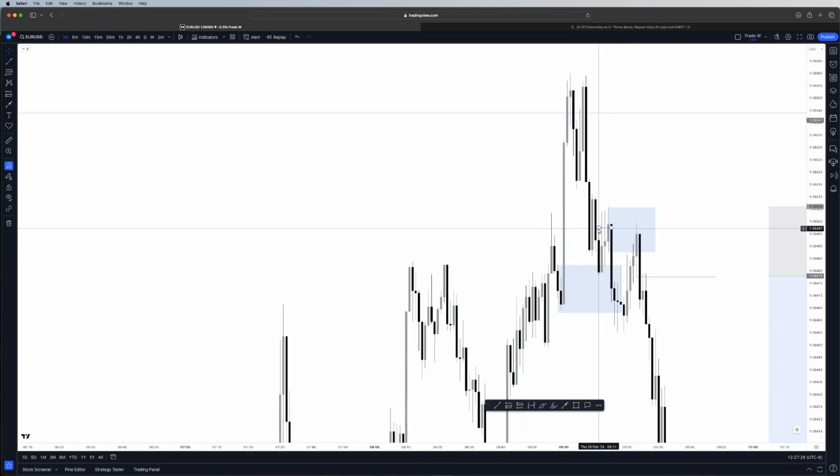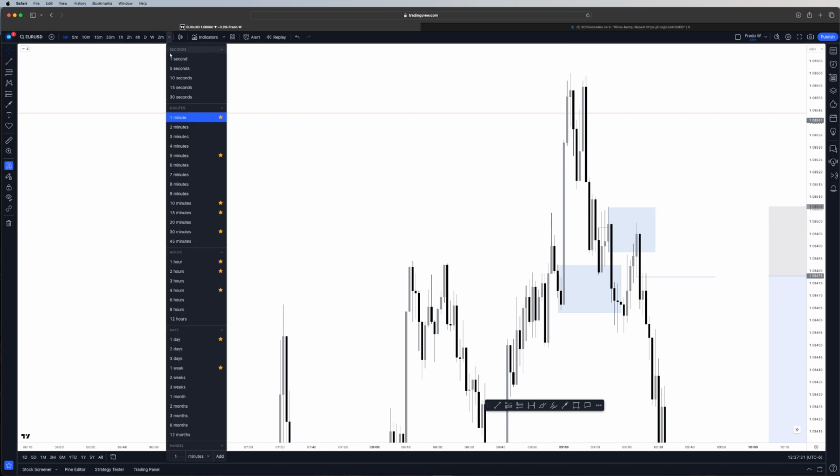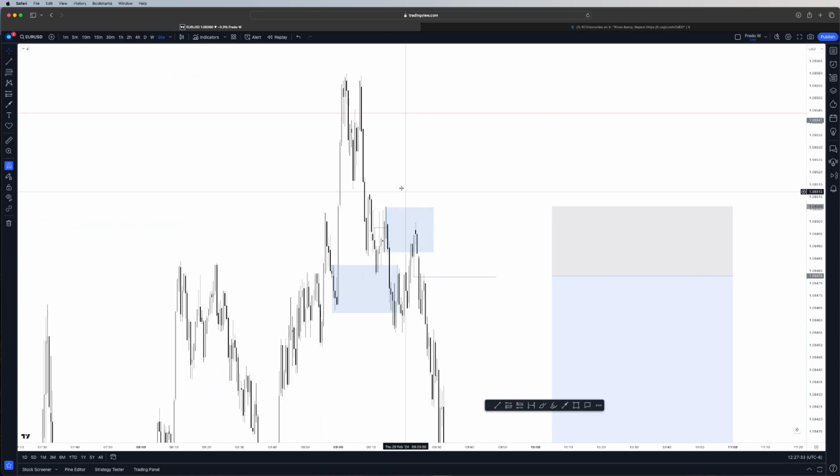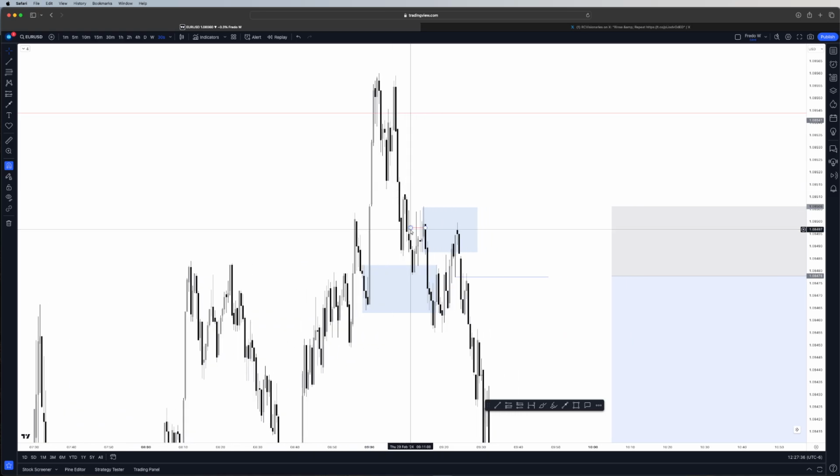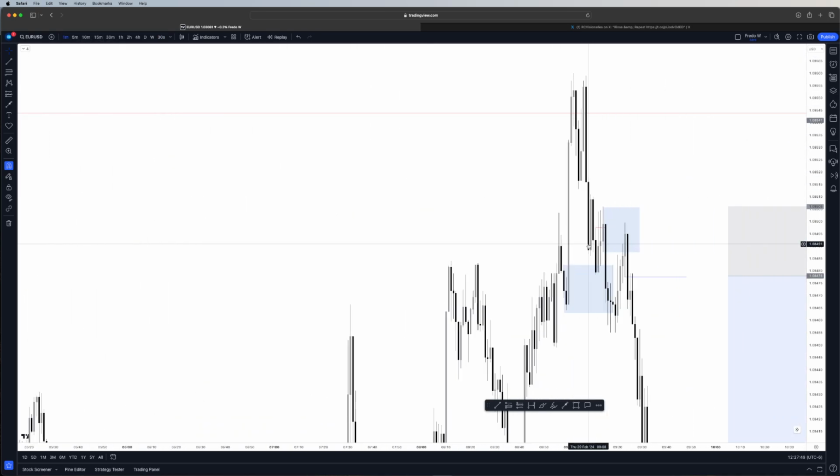So because there is a CBOS internally, I can justify that from an internal time frame, there was some type of structure break. You can see it here, here, and here. But I don't want to over detail this part of the trade. I just want to acknowledge that there is some type of structure break in there.